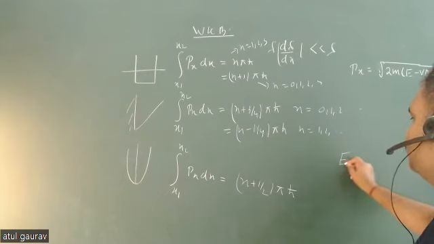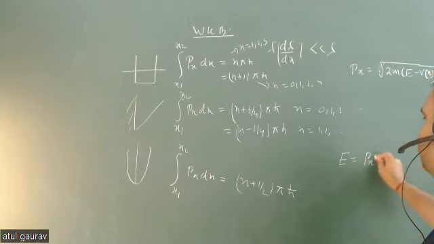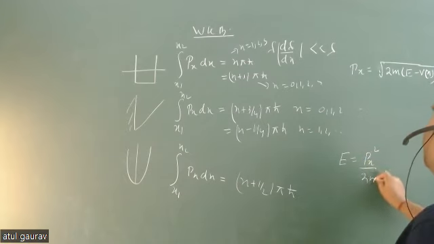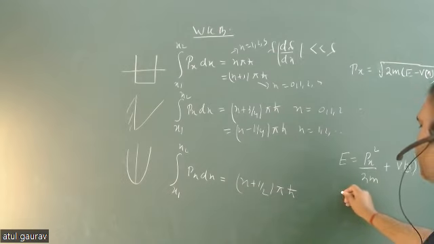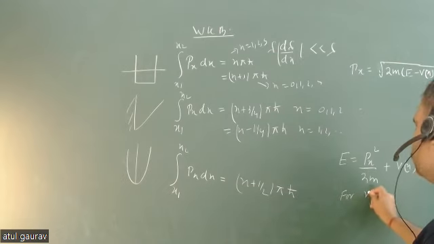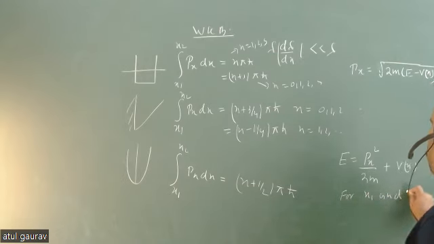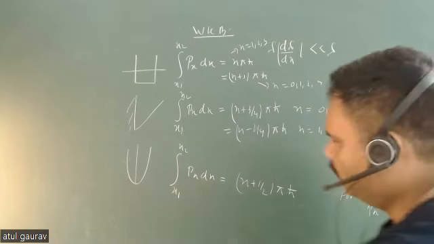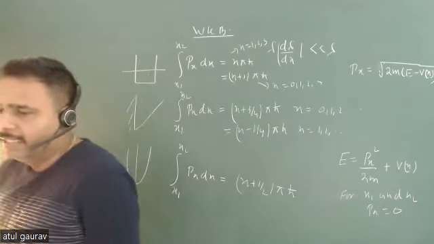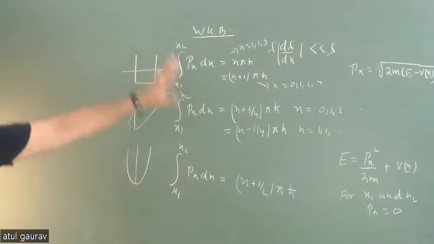So you will write the expression of energy, and that value is Px square upon 2m plus Vx. And for x1 and x2, Px is equal to what? 0. So you will put Px is equal to 0 and you can easily calculate this thing. Obviously, this is your formula. You have to remember this formula.